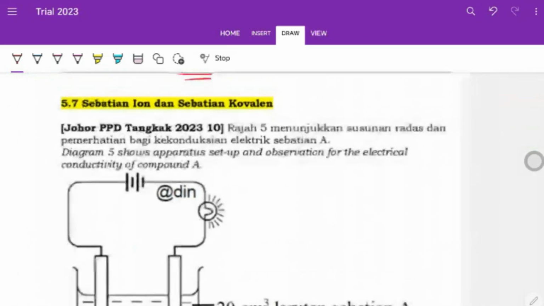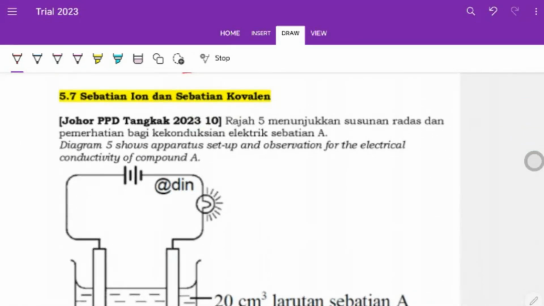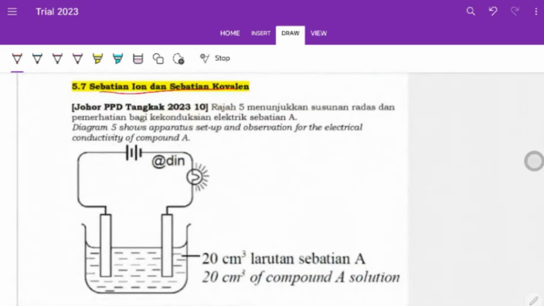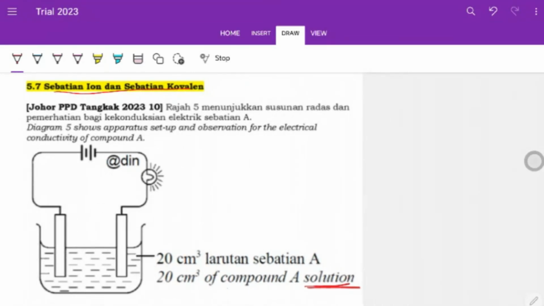Now comparison. In exam, I think very popular. Here, solution. How to form the solution? The compound A is put into water, and it is soluble in water.